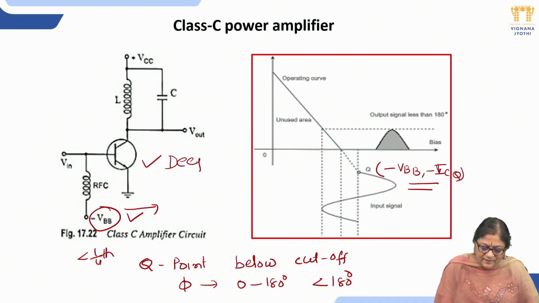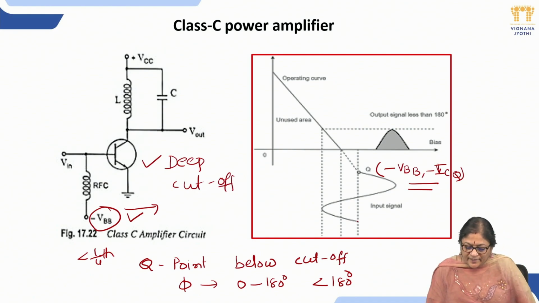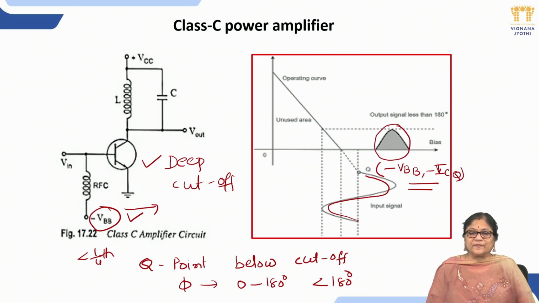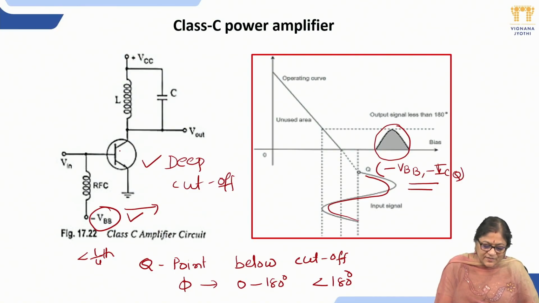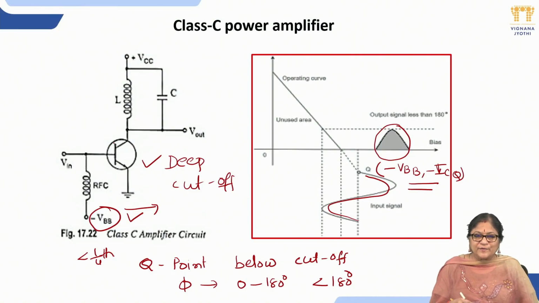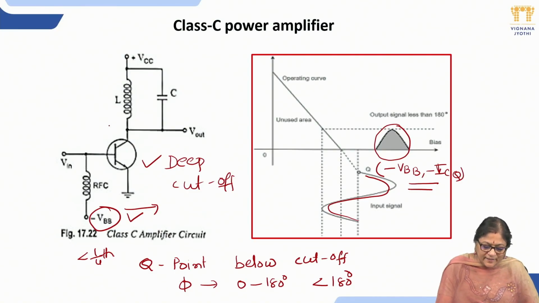Deep cutoff means it conducts for less than 180 degrees. Suppose you apply an input signal like this; you can see that not the complete cycle, only one portion, appears at the output. So the conduction time of the transistor is reduced enormously, and the remaining power is given to the load.